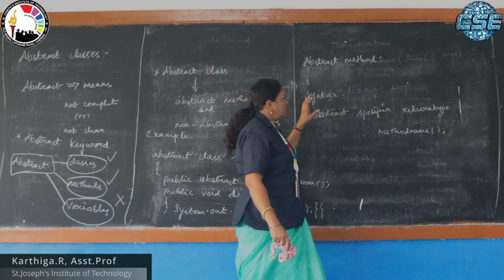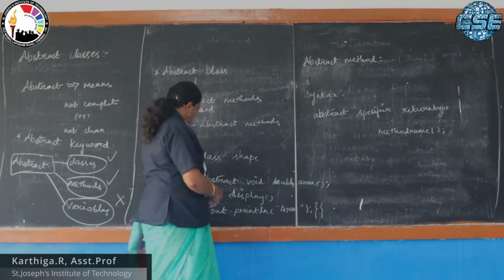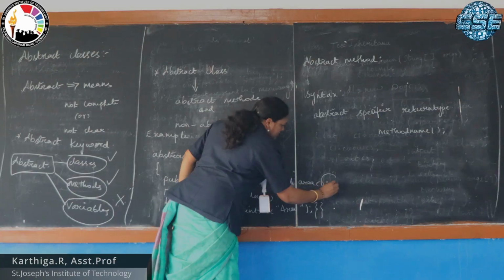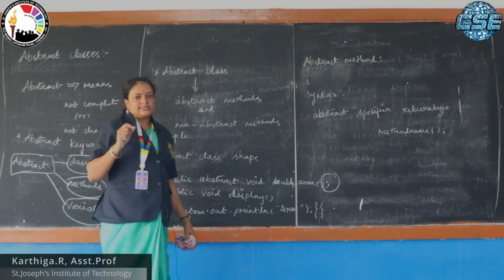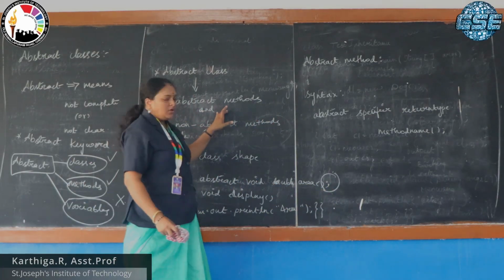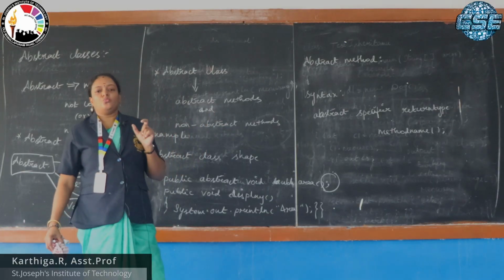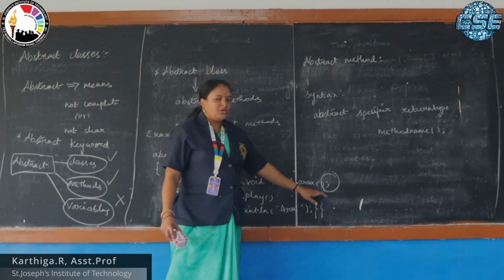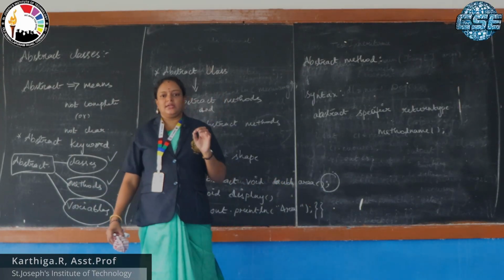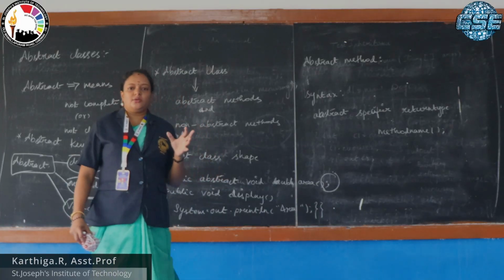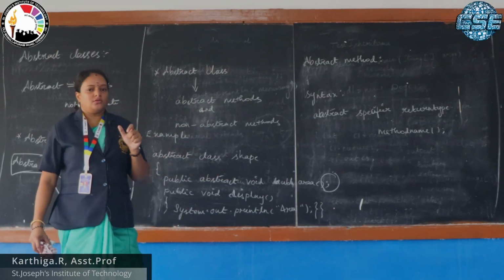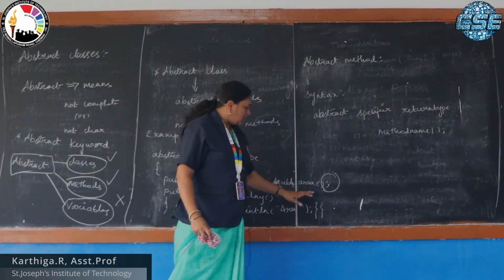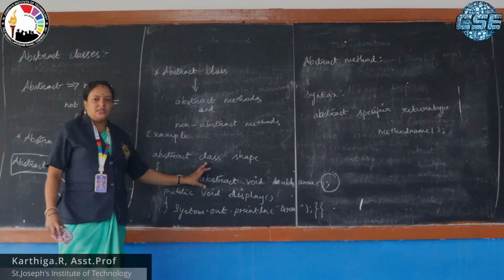One more thing: while declaring the abstract method, the semicolon is a must. Abstract methods and classes have only declaration, no implementation. So this semicolon denotes it's only a declaration, just like when declaring a variable.